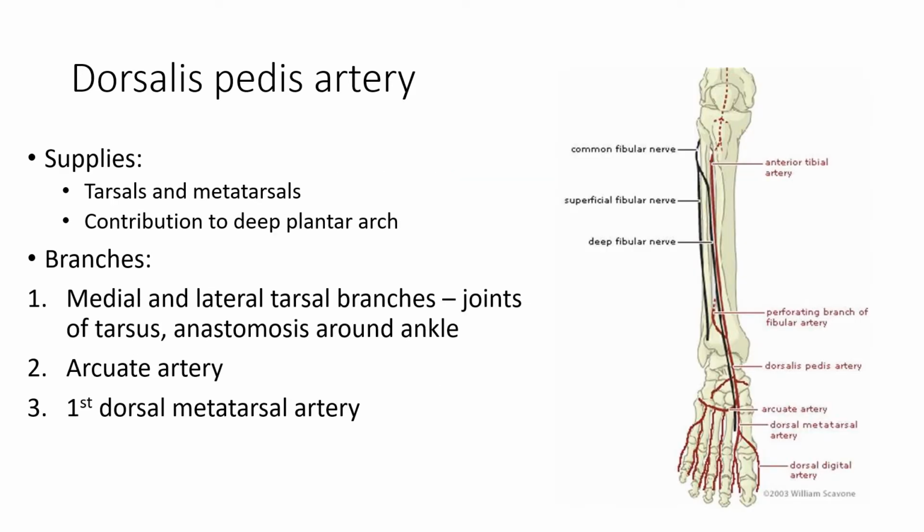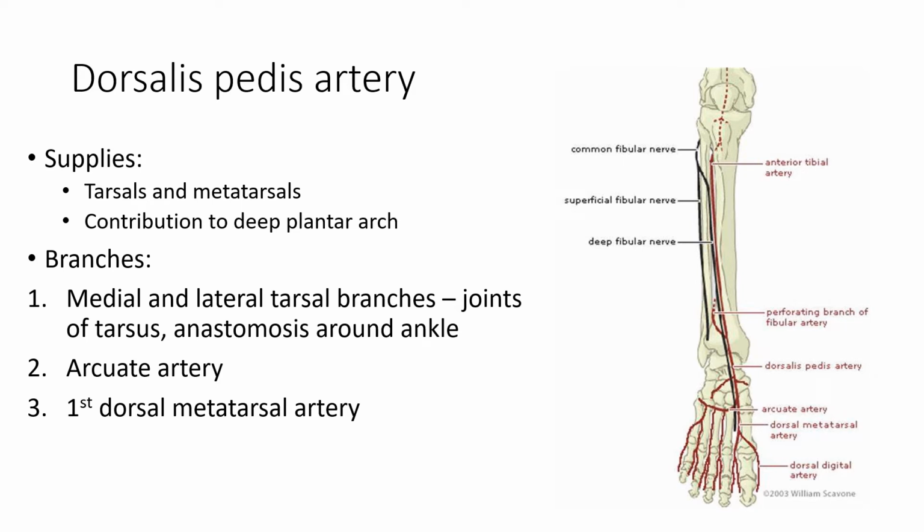In this picture, you can see the anterior tibial artery and its continuation, the dorsalis pedis artery, and as I already told you, it is supplying the tarsal and metatarsal bones, and it will join the plantar arterial arch or deep plantar arch.